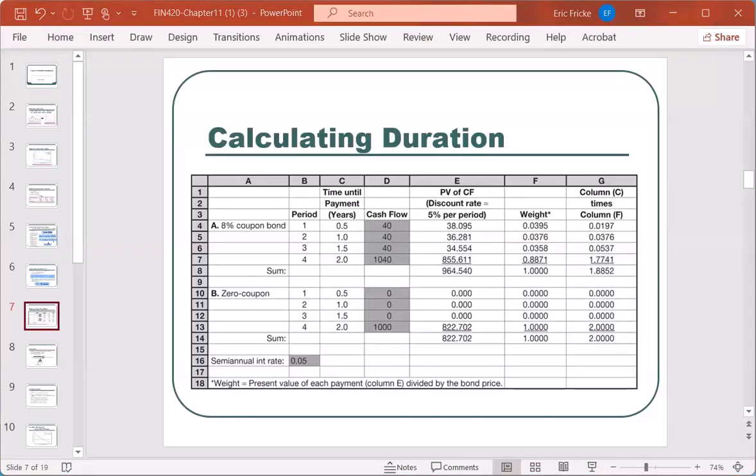The textbook has this example, and so I'm going to show it here. First off, let's look at B here. This is basically a methodical, step-by-step way of calculating the duration D of a bond.